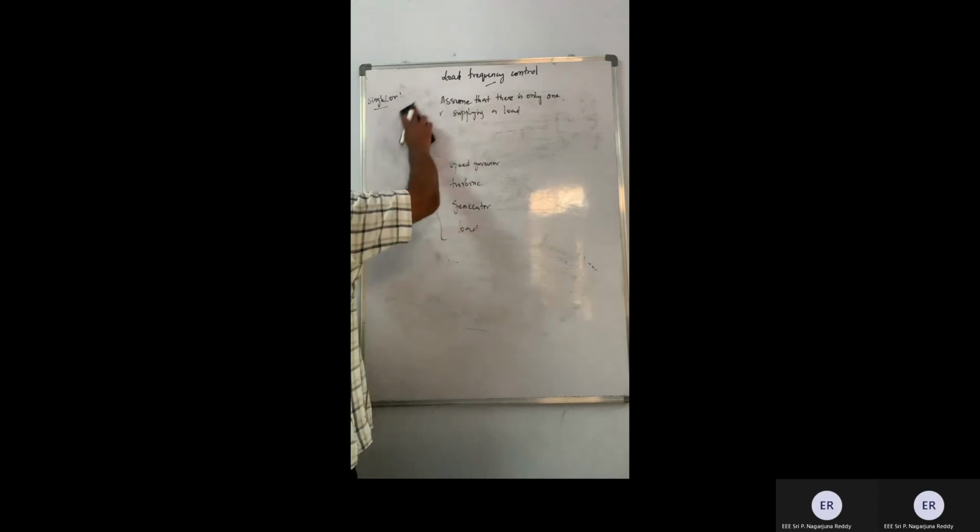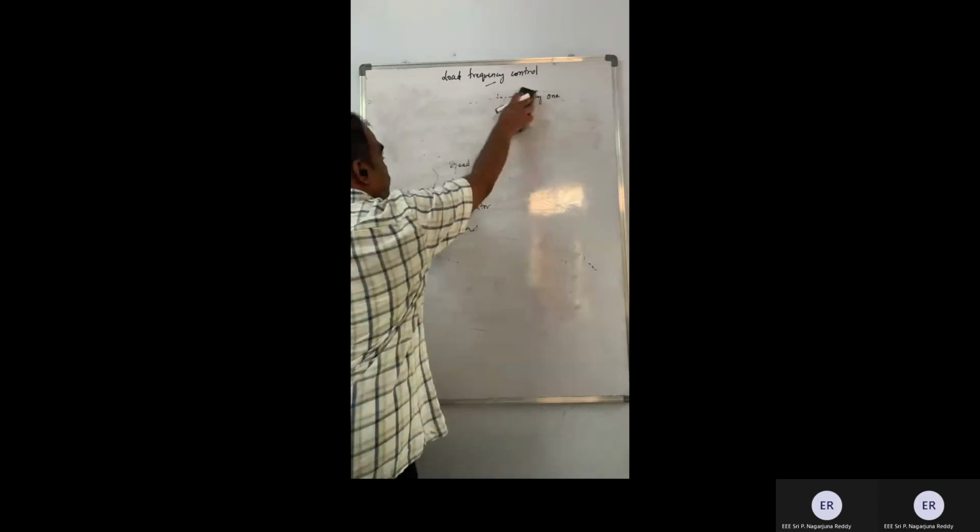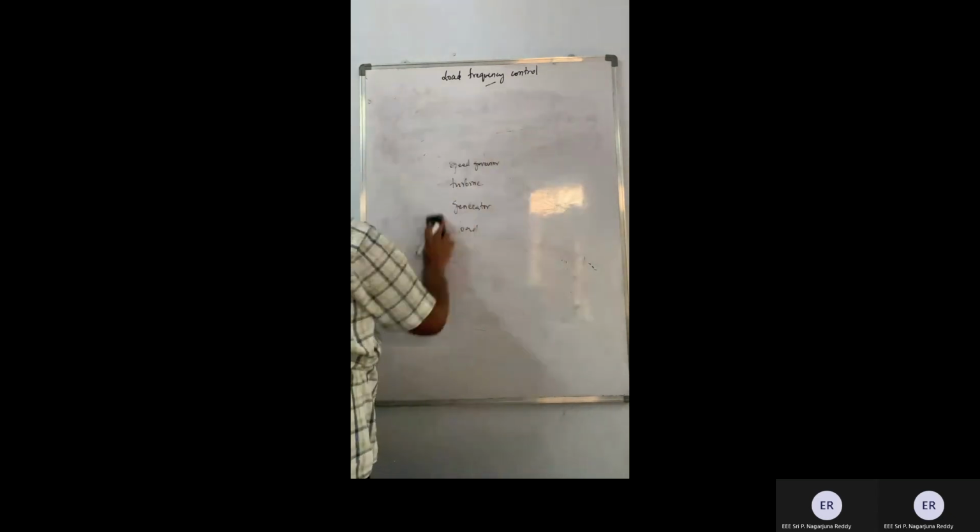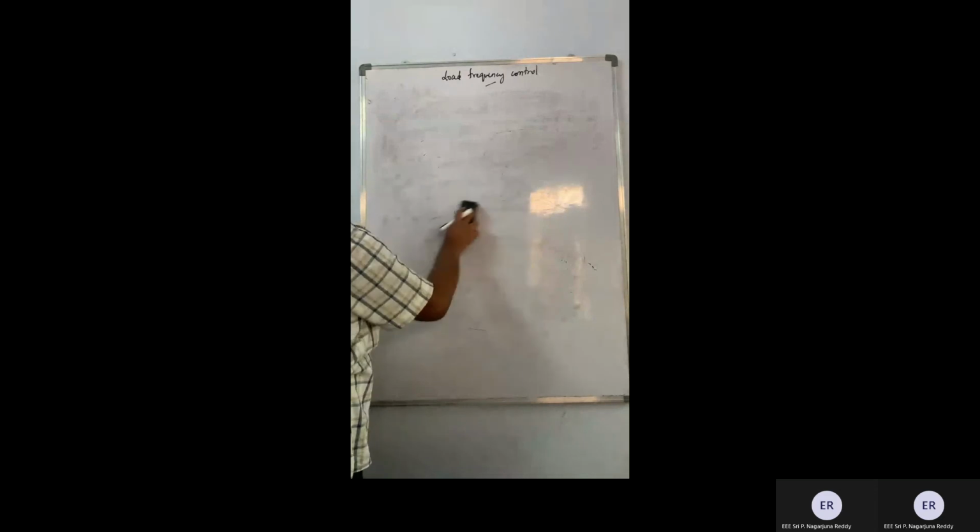So now, first of all, let me develop a mathematical model. Next, we can go with the control system model.